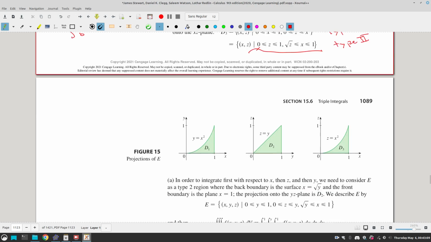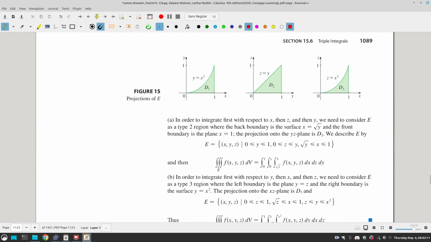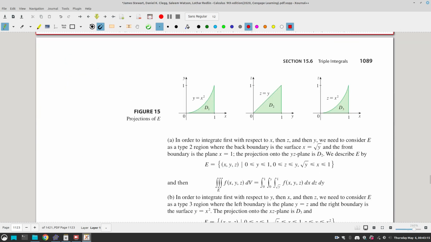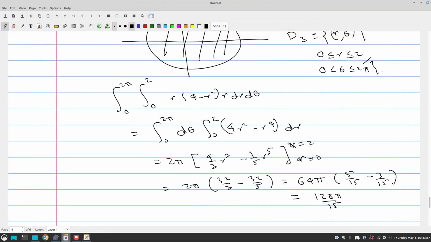So we need to select a type 3 region, actually. If we want to integrate with respect to y first, then we'd need a type 3 region.